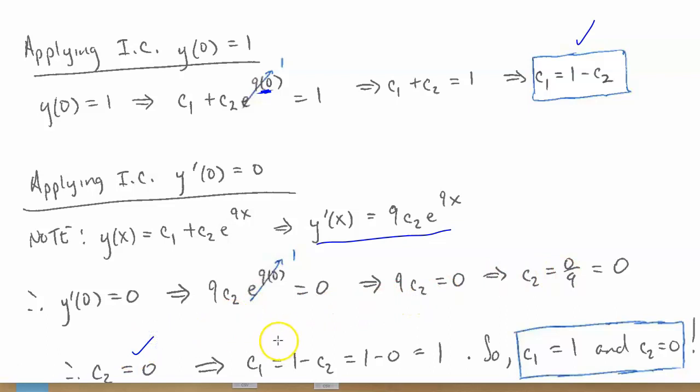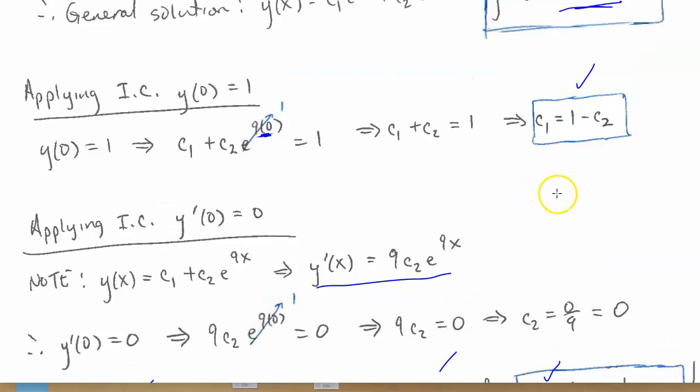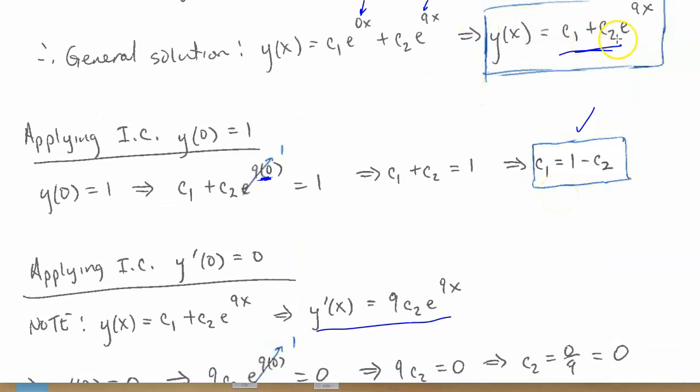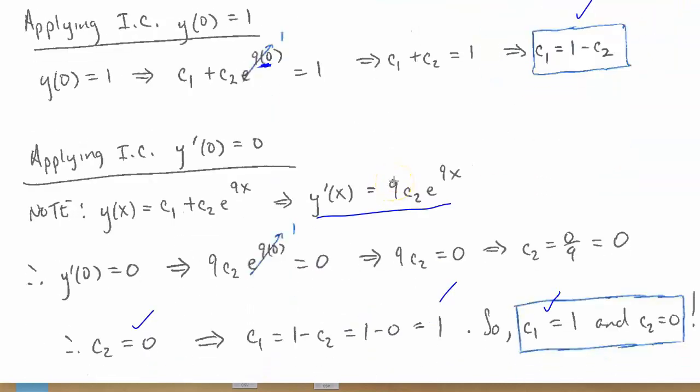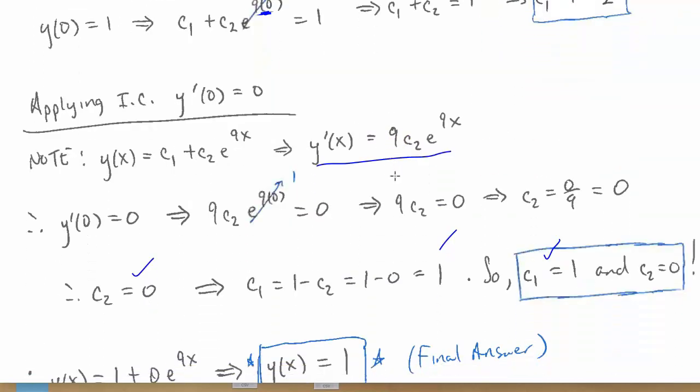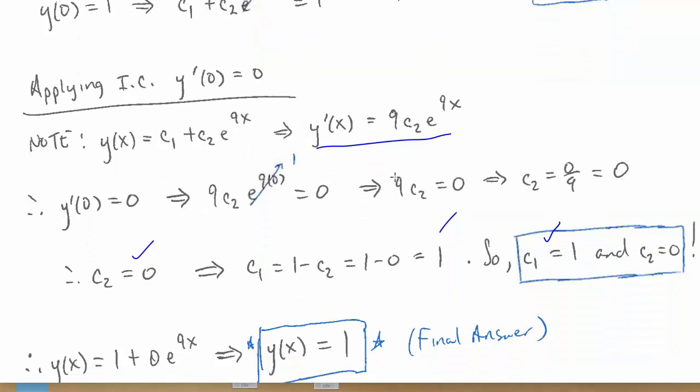Thus c2 is 0 and c1 is just going to be 1 minus c2, which ends up just being 1. So if we go back up to here, all this goes away and all we have left is this. So what we end up actually having is a constant solution. Okay. And so we see here that y equals 1 is actually our constant solution there.